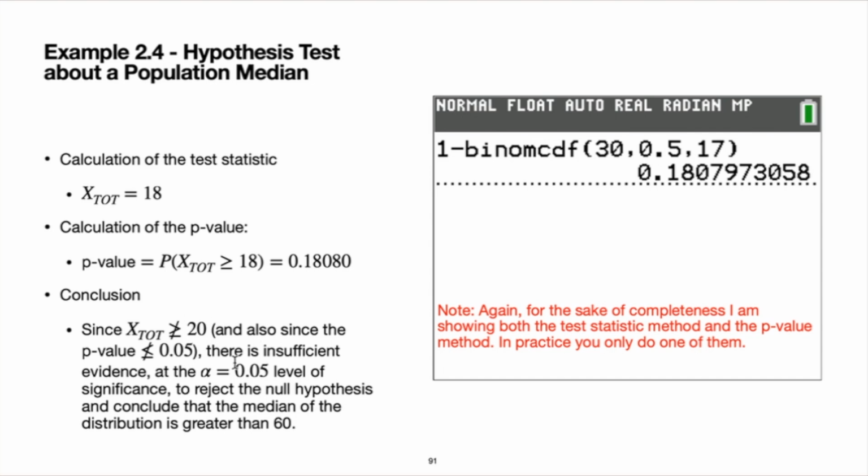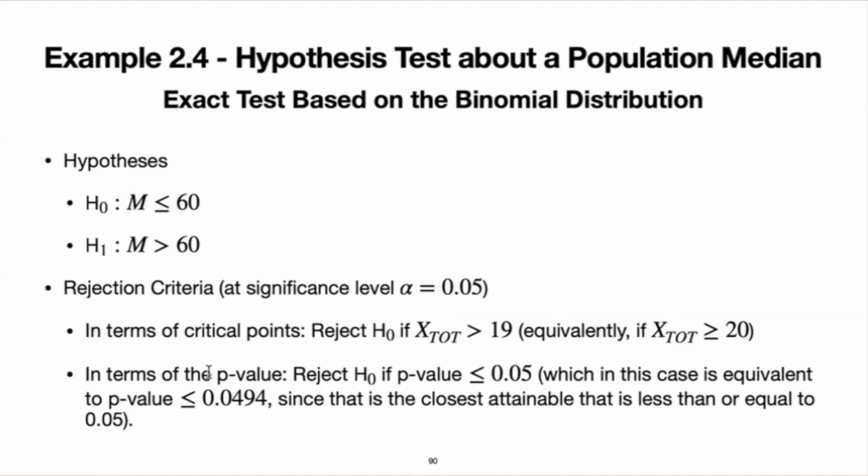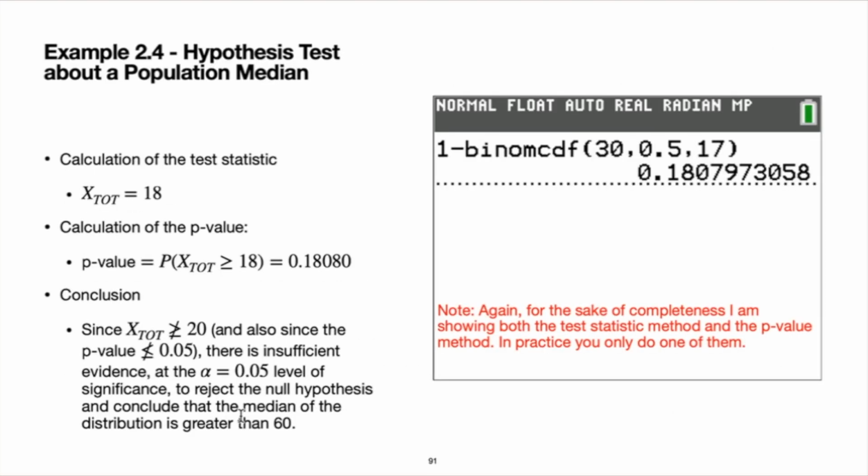Now we're saying here there's insufficient evidence at the 0.05 level because of the discreteness of the distribution and because the closest attainable significance level is 0.0494, we would be completely justified in saying that there is insufficient evidence at the 0.0494 level of significance to reject the null hypothesis.